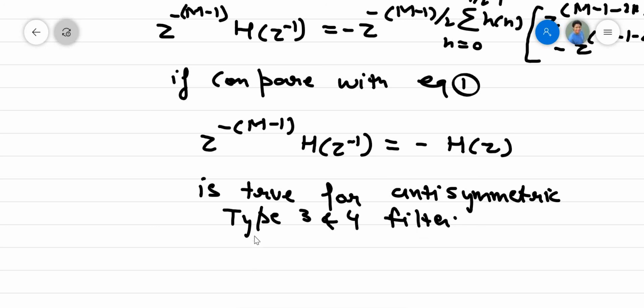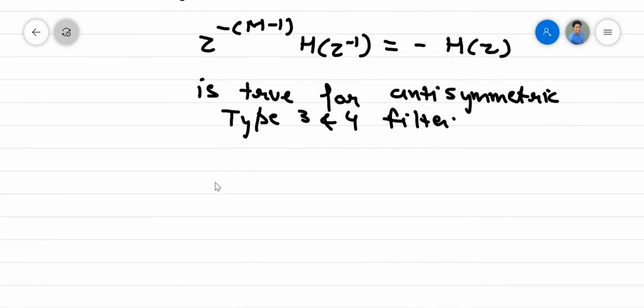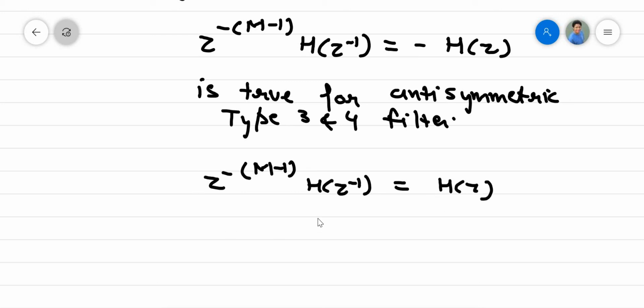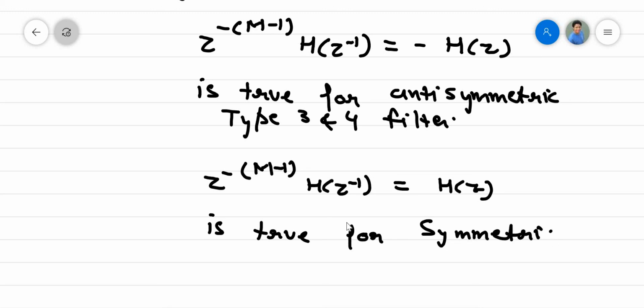And one can easily see for the symmetric sequences, Z to the power minus m minus 1 H of Z inverse will be equal to H, and this is true for symmetric sequences. Symmetric sequences are also called type 1 and 2 filters.